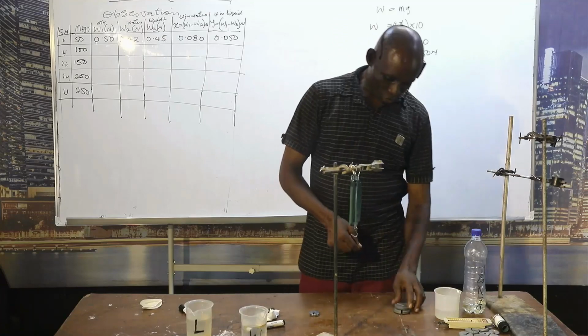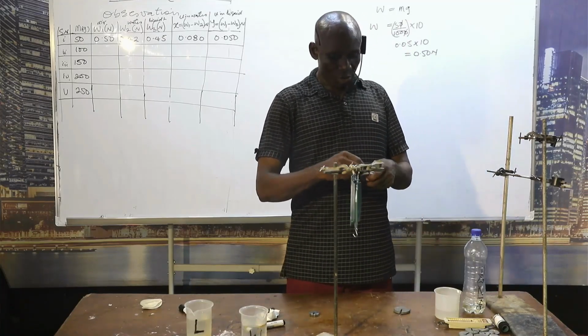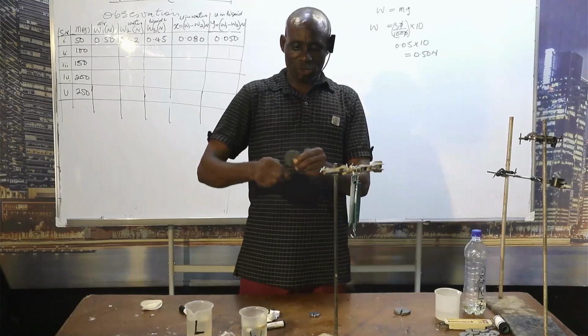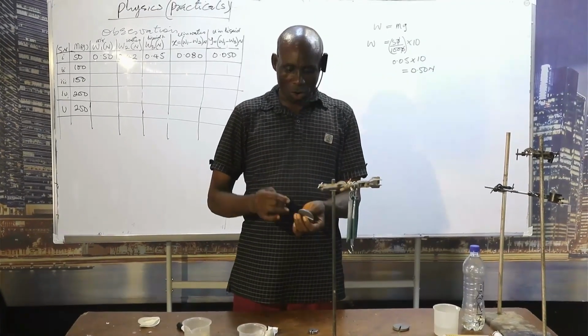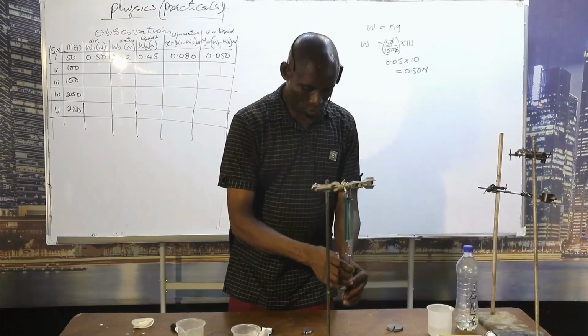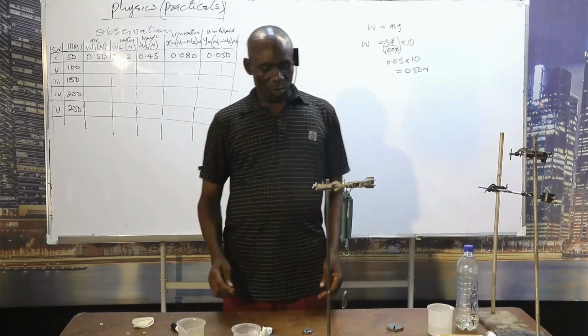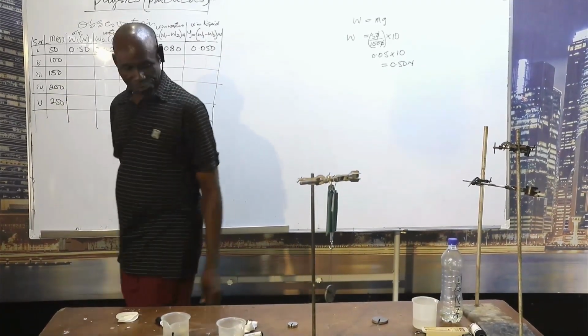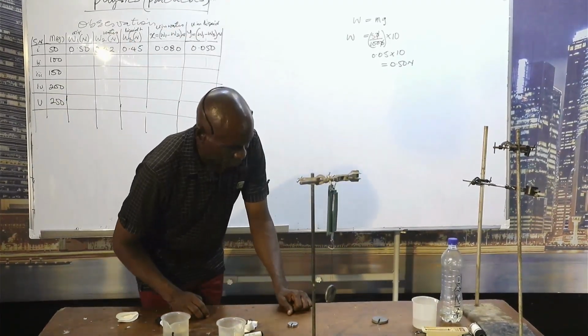So I'll change the loop to 100 grams mass. This is 100. 1, 2, 3, 4. It's stable now. So this is another mass, and that is mass of 100.